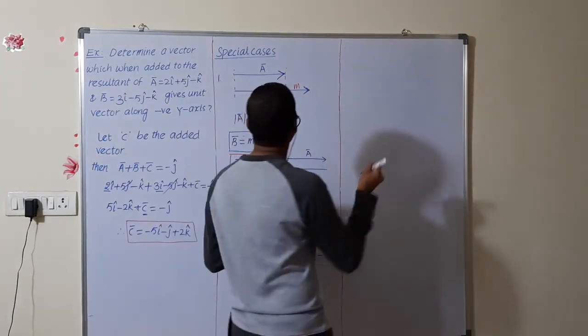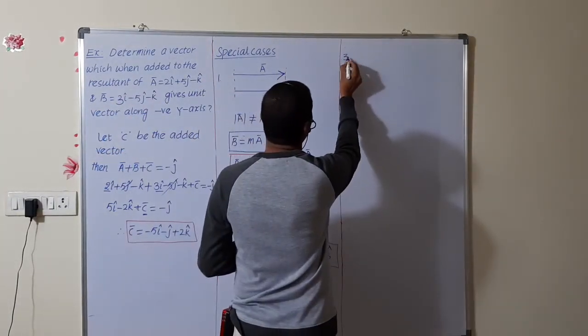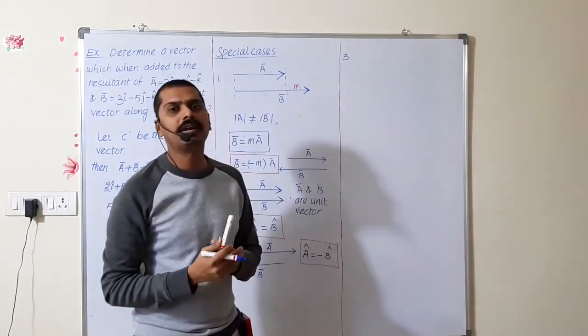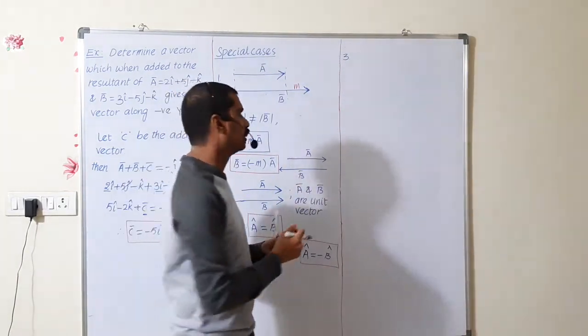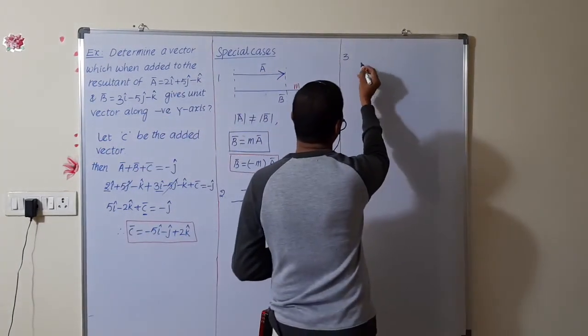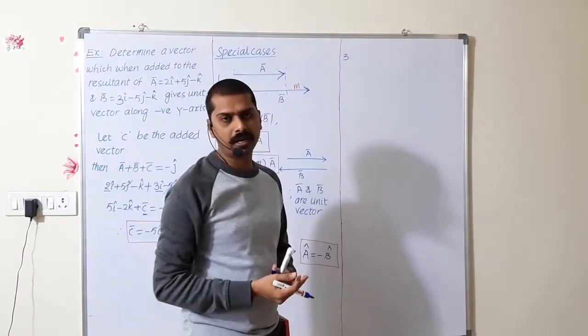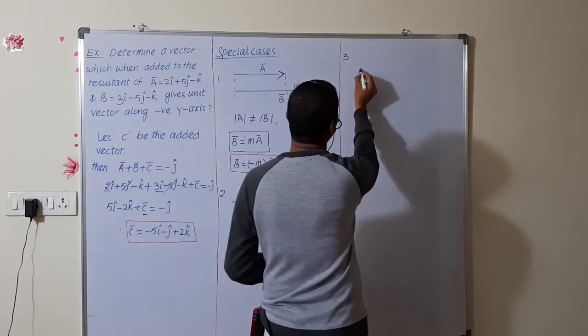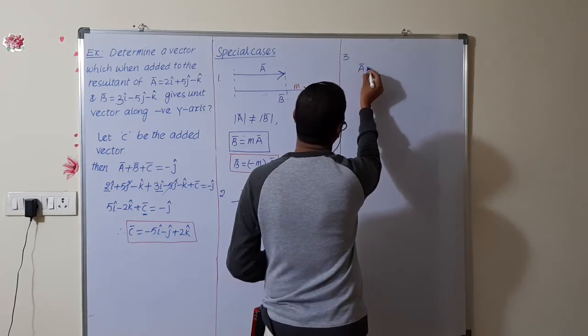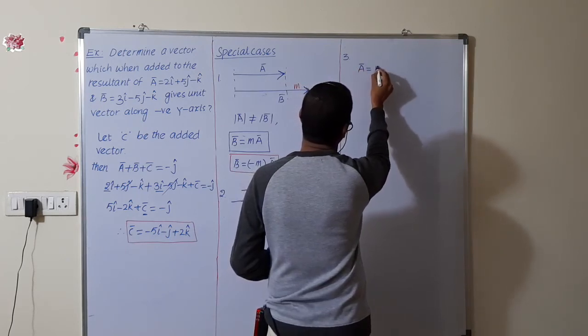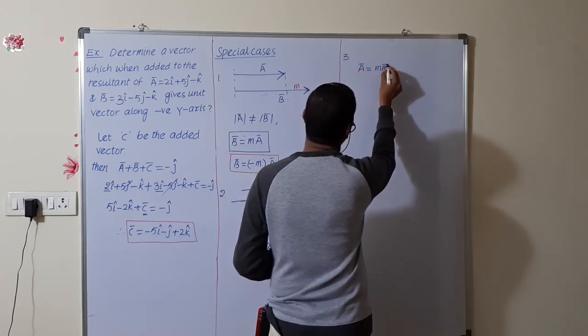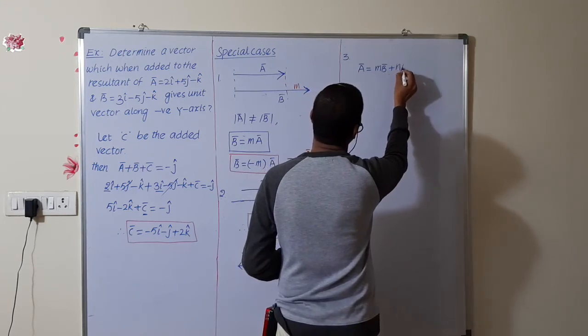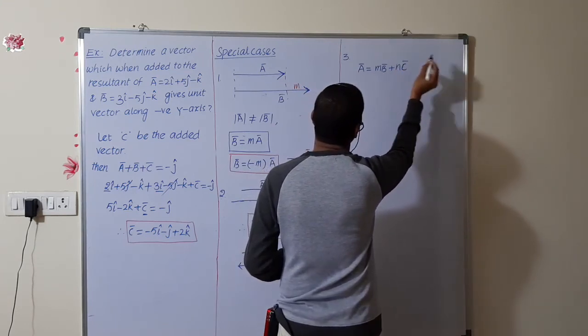The third condition: we can write A, B and C, three vectors. Three vectors are coplanar vectors. The coplanar vectors means A vector, B vector, C vector are coplanar. In that case we can write the resultant: A vector is equal to M times B vector plus N times C vector.